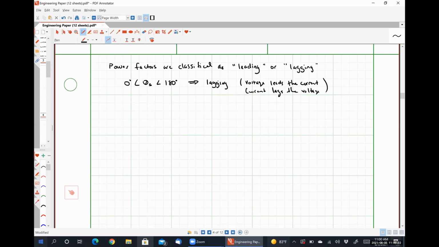And this is the one that we should really be looking at here. If our angle is negative, or we have negative 180 degrees is less than theta s is less than 0 degrees, we say that our power factor is leading, where the current leads the voltage.